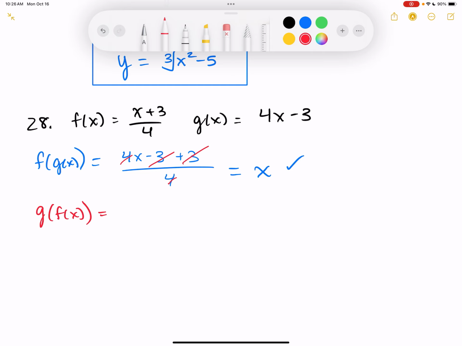And so we have 4 times x plus 3 over 4 minus 3. So 4's cancel, which leaves you with x plus 3 minus 3. And then 3's cancel, which leaves you with x. And so that one also worked out.